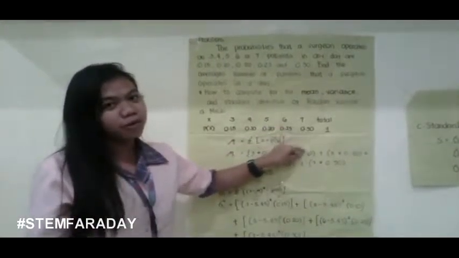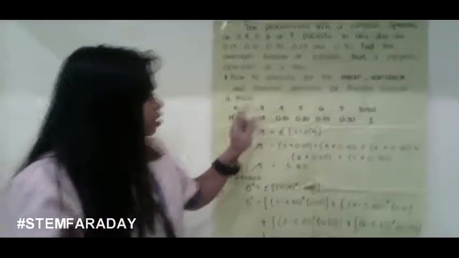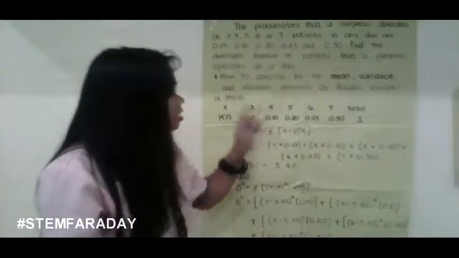So next, how to compute the mean, variance, and standard deviation of a random variable. So for the mean, this is the value for x, and this is the value for p of x. 3, 4, 5, 6, 7, with 0.15, 0.10, 0.20, 0.25, and 0.30. So the total is 1. The formula of the mean is the summation of x times p of x.